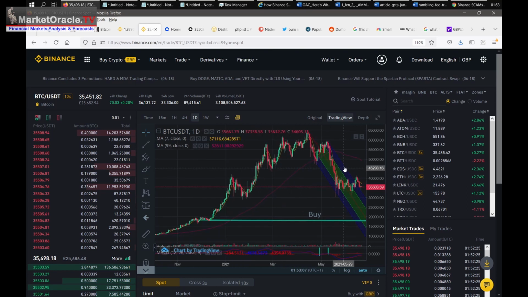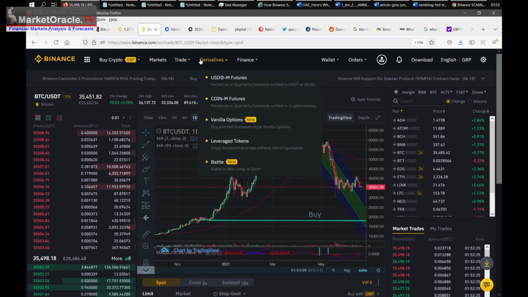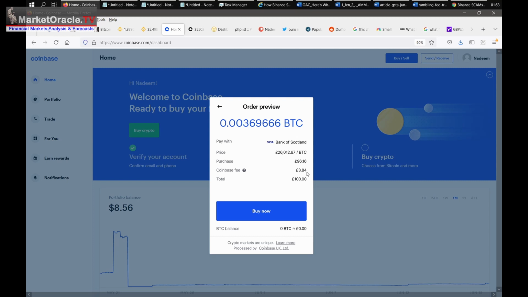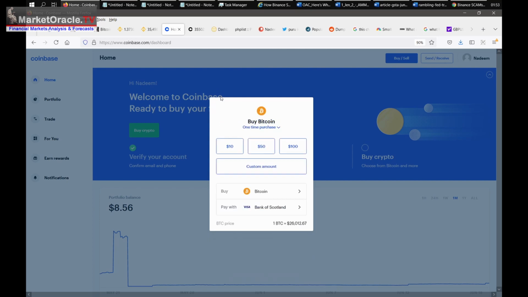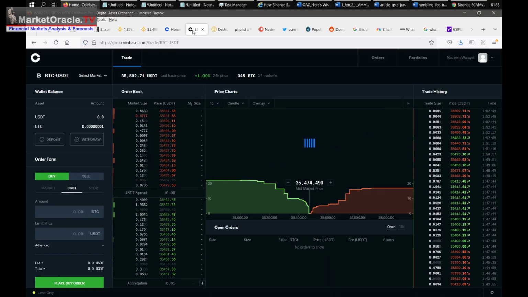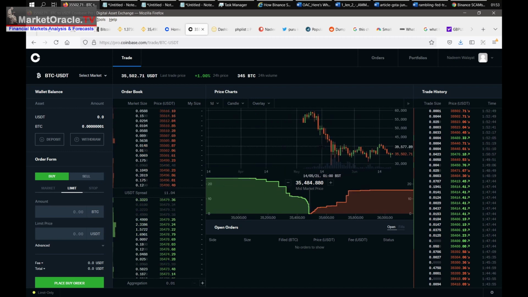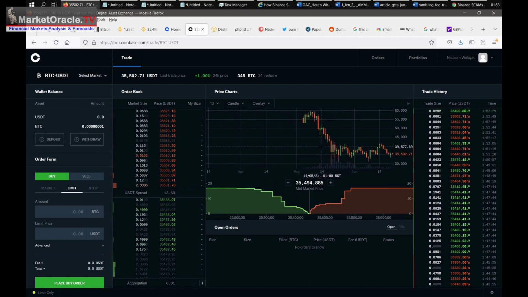I don't want to put it all on Binance, but Coinbase is garbage. They charge you 3.84% just for the privilege of funding your account. Coinbase Pro is a poor platform. People say, oh, use Pro instead of Coinbase.